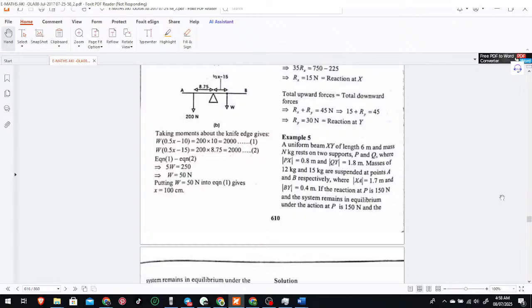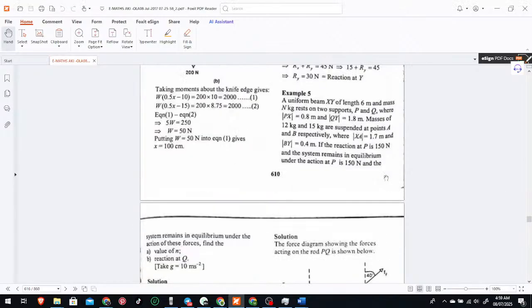Let's solve another question. Do you have exam questions that are in this lecture so that we can do them? Let me see if I can. Okay, let's do this one. Example 5.